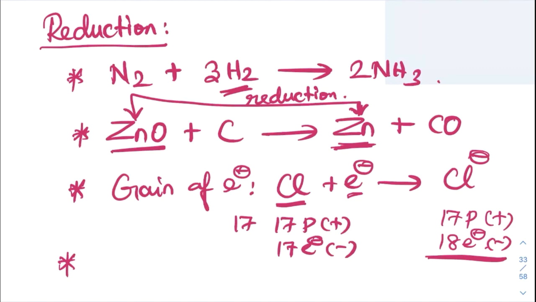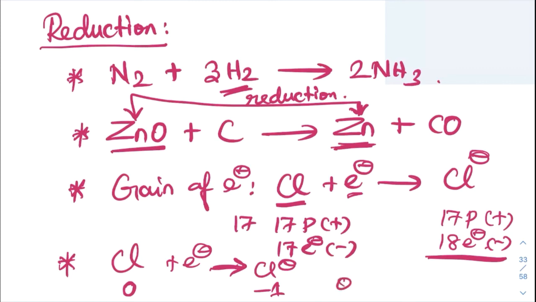And the same we can quote for reduction in the oxidation number concept. See, the chlorine atom's oxidation number is 0 because it is a neutral atom. When it gains an electron, it becomes Cl minus, so the oxidation number is minus 1. So the oxidation number changes from 0 to minus 1, which is nothing but a decrease in oxidation number.